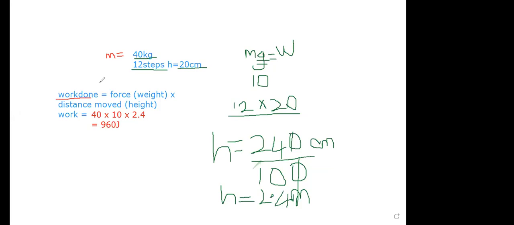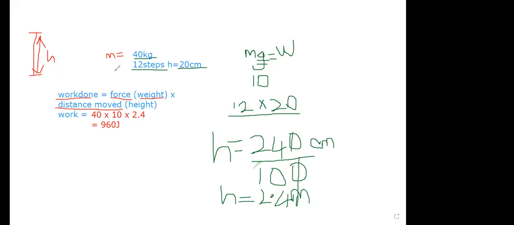In our first lesson, we defined work done as the product of force and distance moved in the direction of force. And that force is the same as weight. Sometimes the distance moved can be vertical, and instead of calling it distance moved, we call it a height.